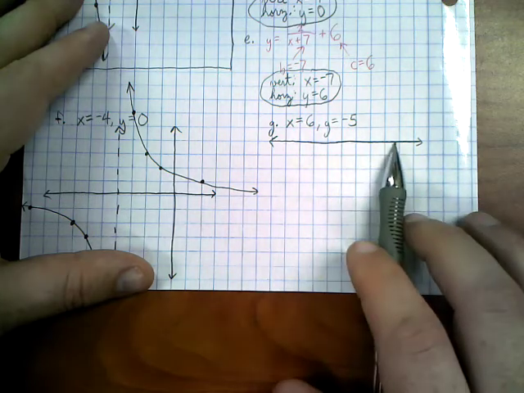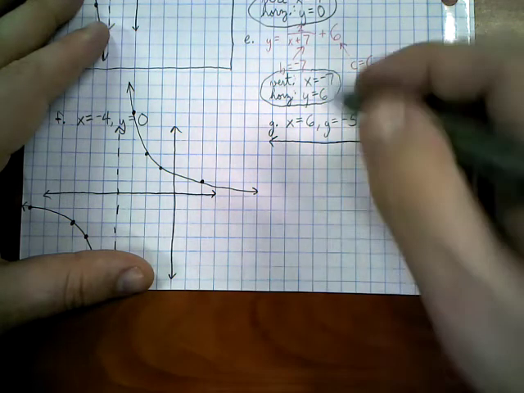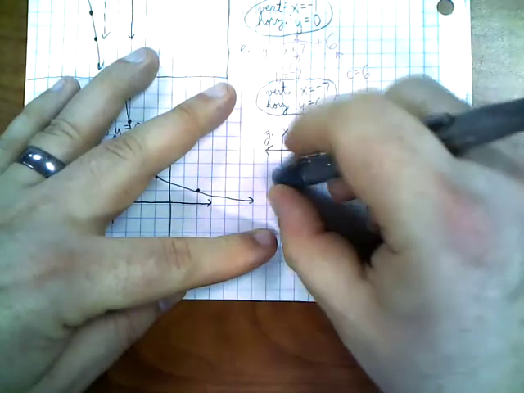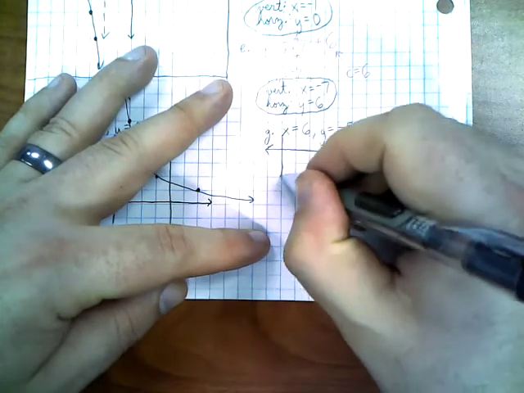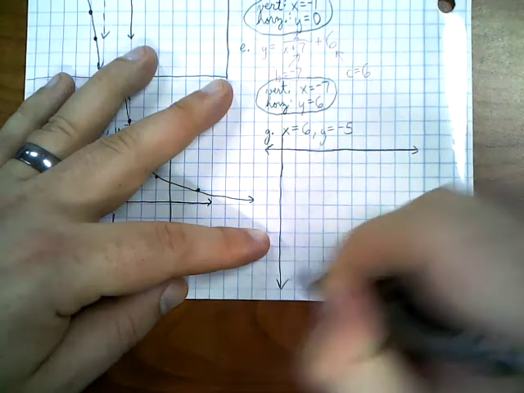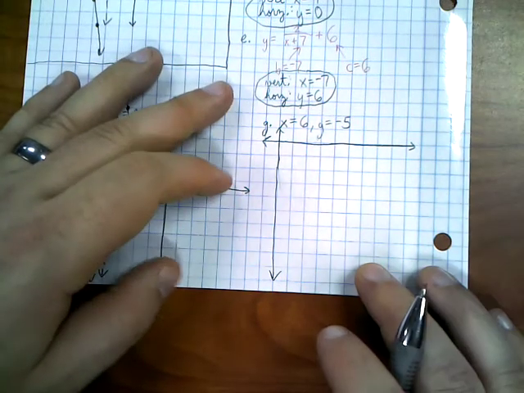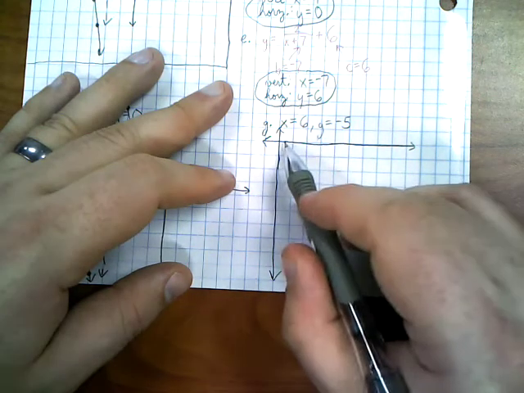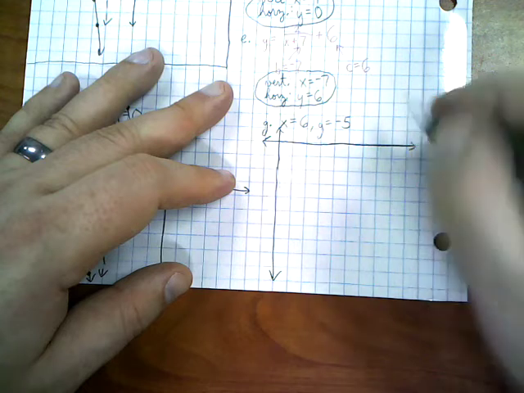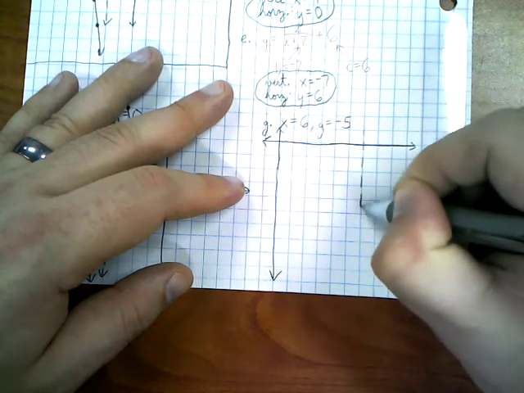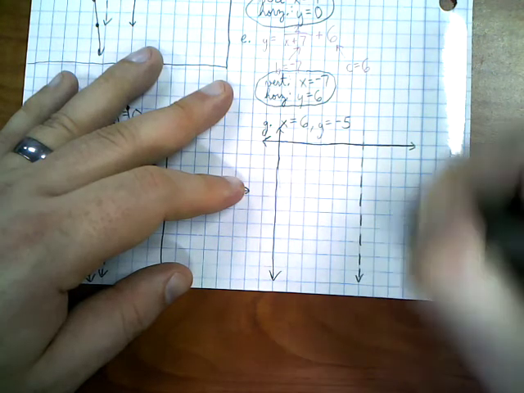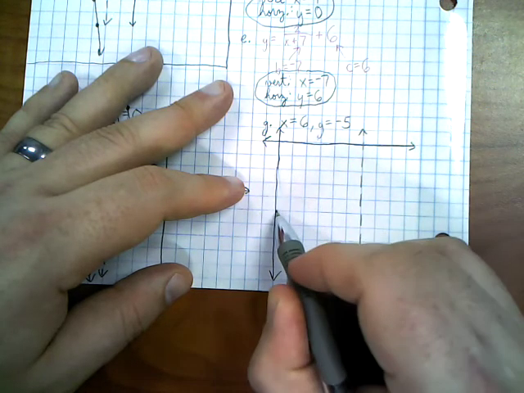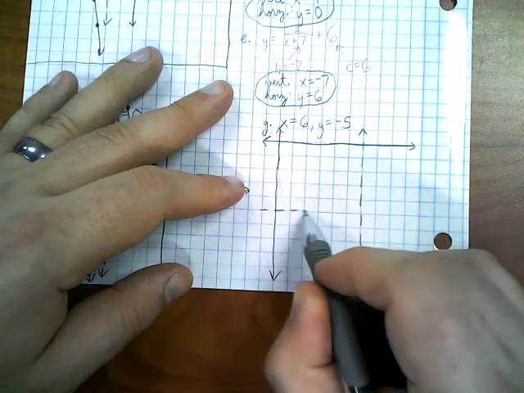So I'm going to come over here pretty far. Make that look a little nicer. So the vertical asymptote where x equals 6, so 2, 4, 6. Right here's my vertical asymptote. Y equals negative 5, so 2, 4, negative 5. That'll be my horizontal asymptote.